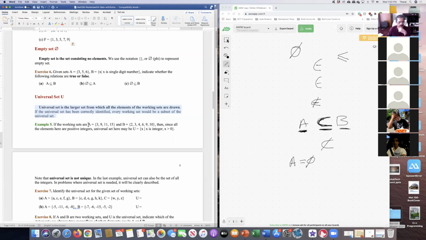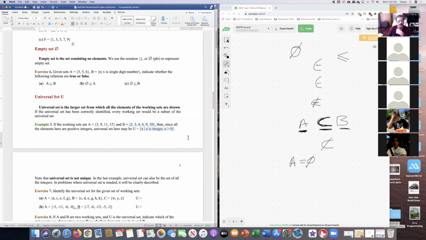This example will make it clear. I'm doing a problem in which the set A has 3, 9, 11, 15. Set B has these numbers. Then what would be the universal set for my problem? Set of all positive integers.